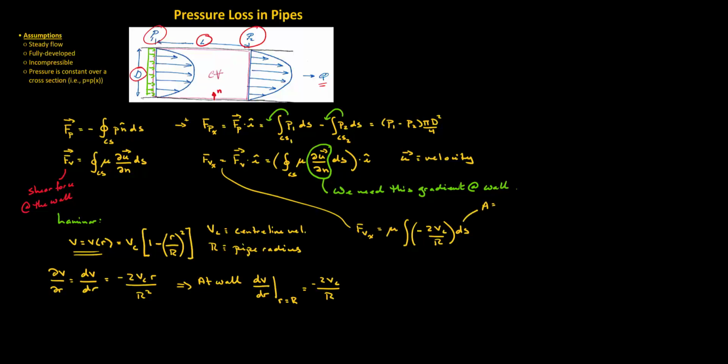So that area will be equal to 2 pi R, being the circumference of the pipe, multiplied by the length of pipe section that we are considering. So we find our result to be equal to mu multiplied by minus 2 Vc over R multiplied by 2 pi R multiplied by L.